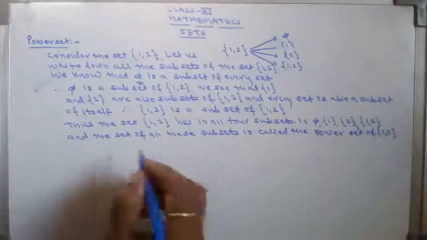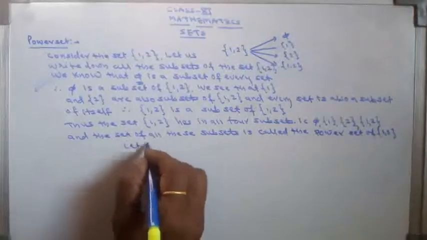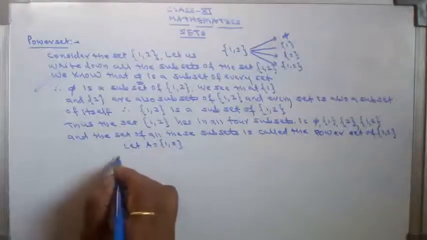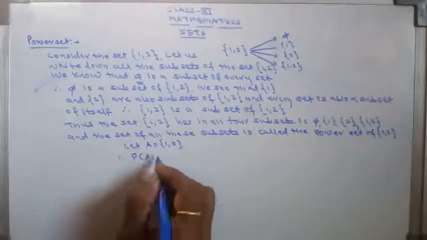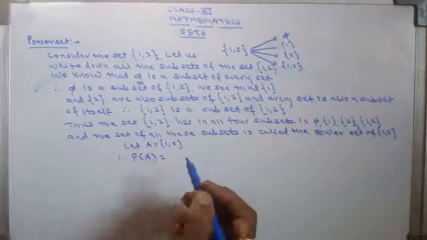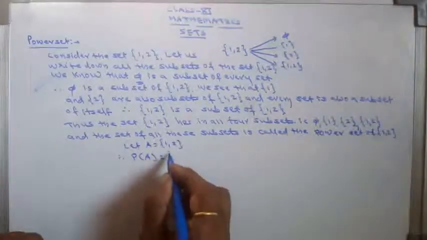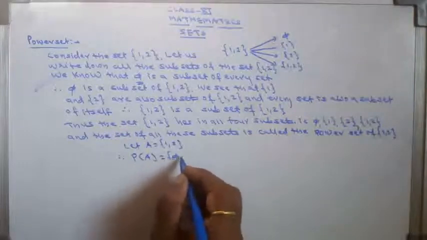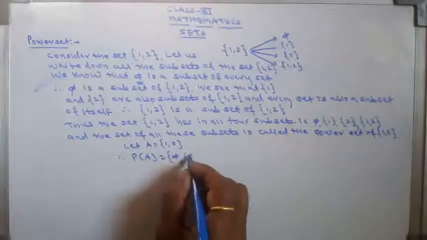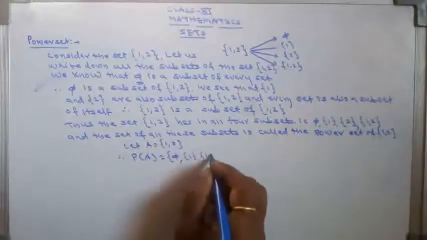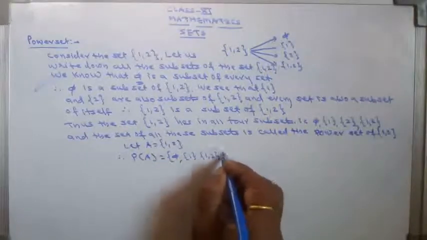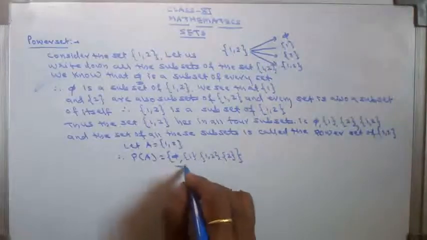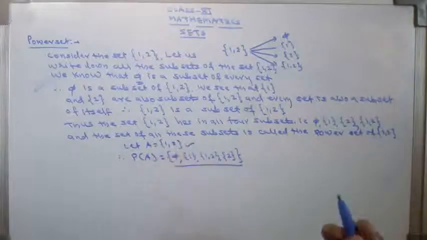Okay, so let capital A be equal to, suppose, {1, 2}. Therefore the power set of A will be a set of ∅, which is a subset here, then {1}, then {1, 2}, okay, and {2}. So this will be the power set of this set {1, 2}.